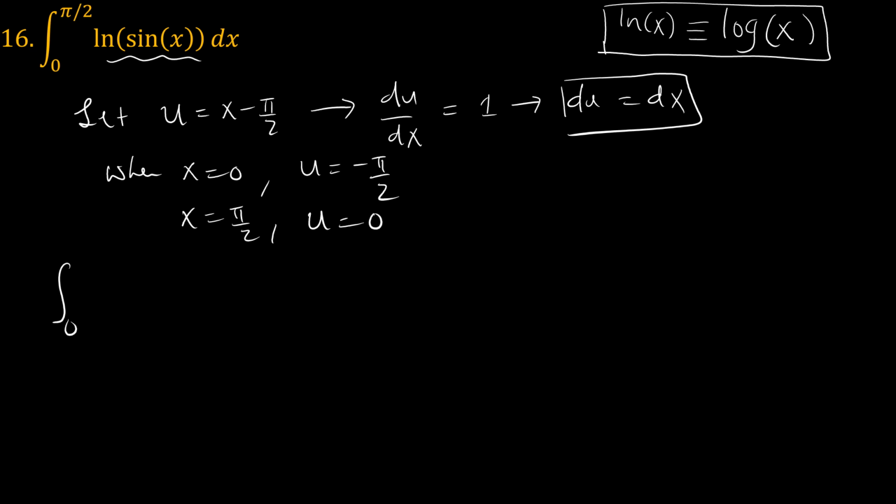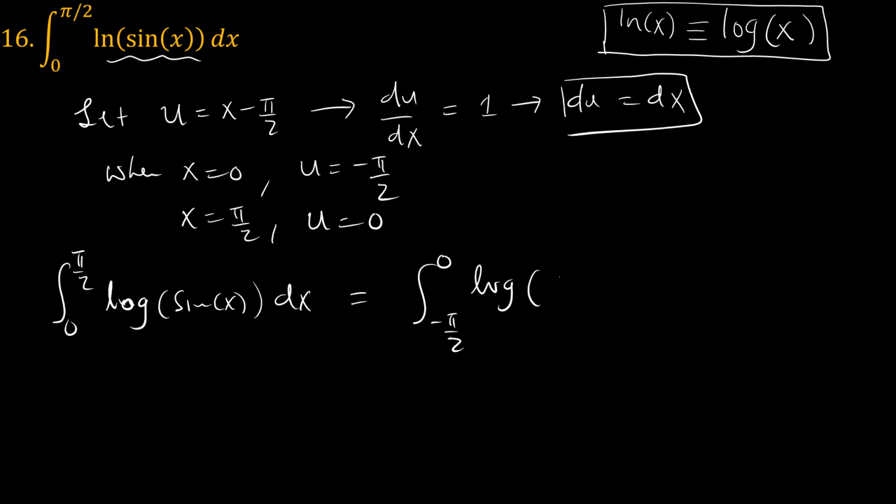So 0 to pi over 2, natural logarithm, or let's just use log since we've decided to go that way, is equal to, in the u domain, negative pi over 2 to 0 log of sine of u plus pi over 2 du.